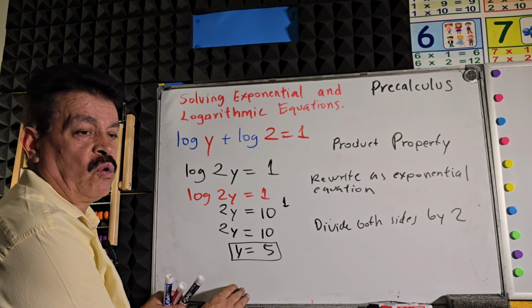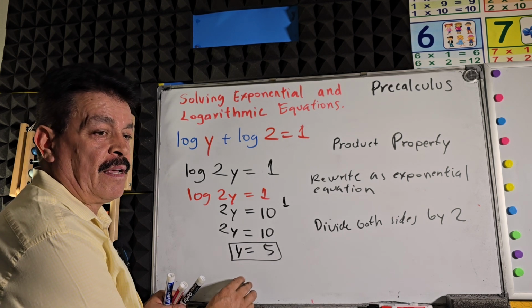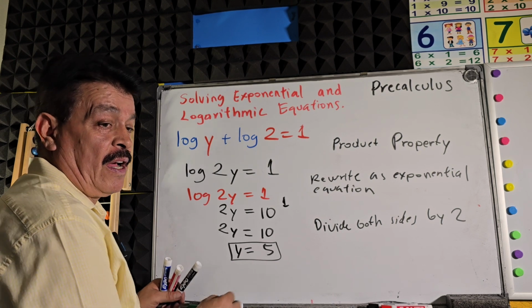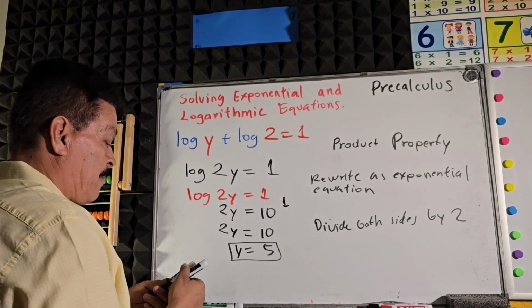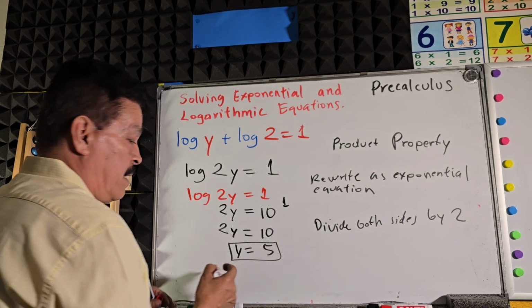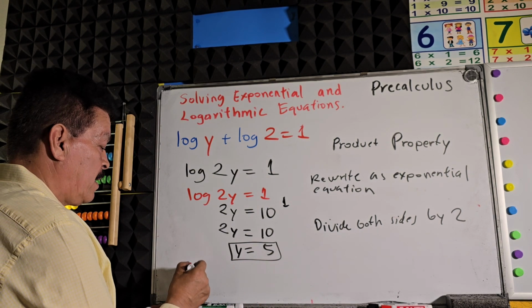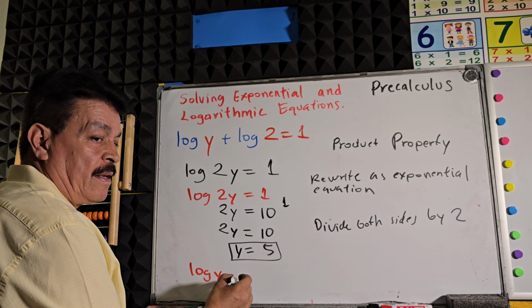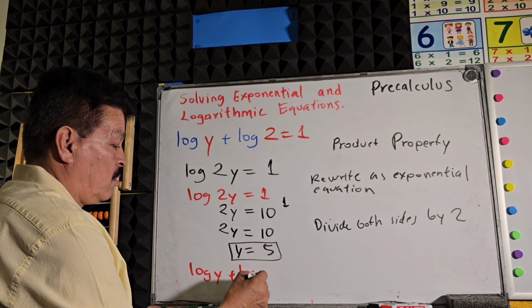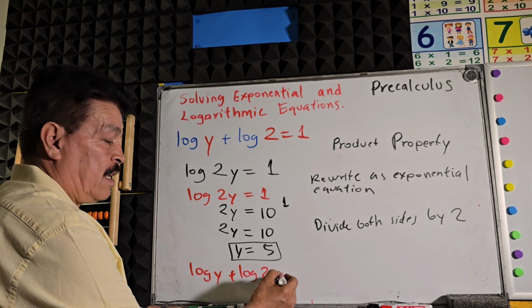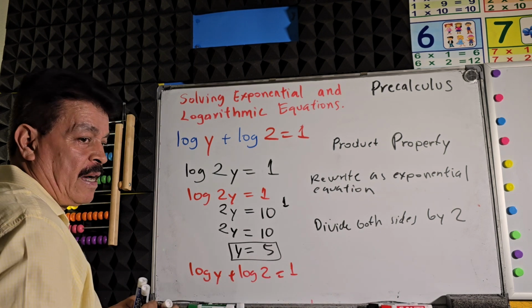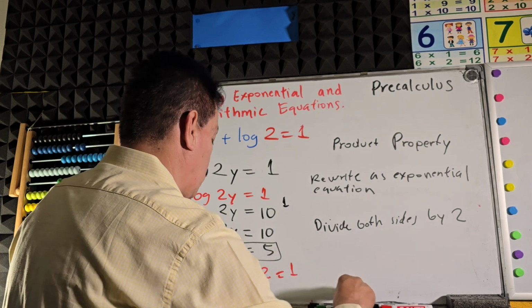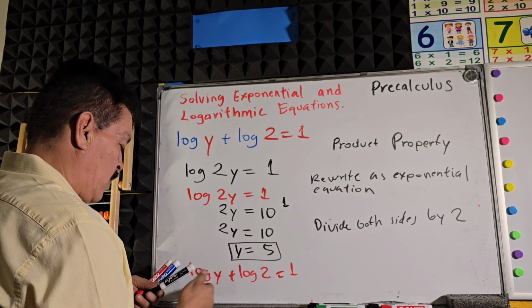The solution is valid. It's true, because let's write it here: log y plus log 2 equals 1. Now we have to substitute y, which is 5.